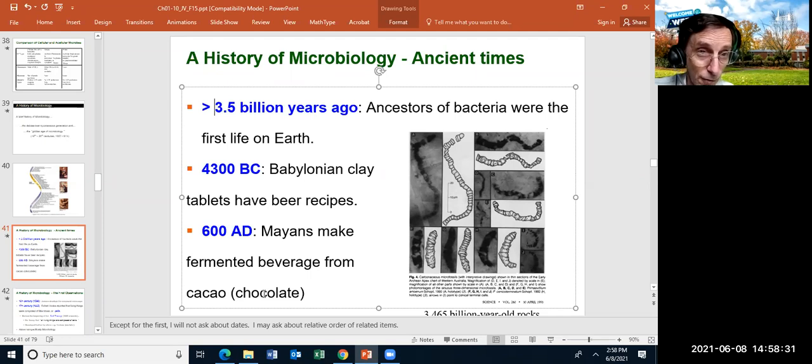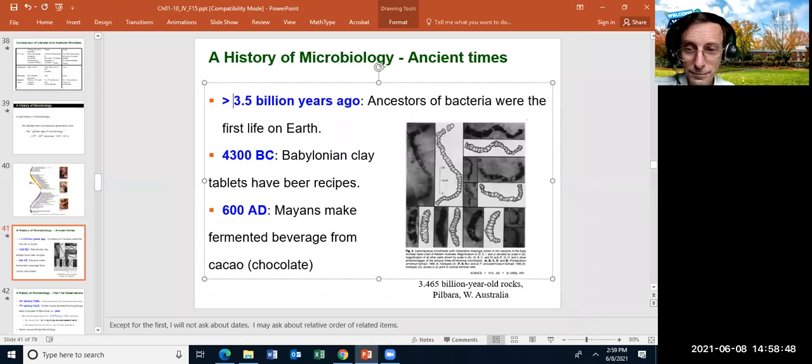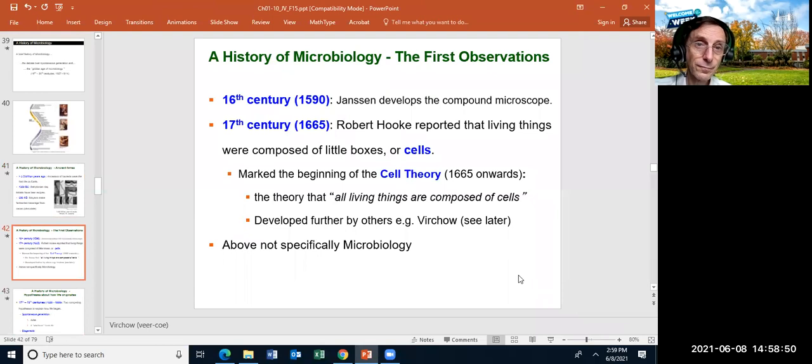And if you don't know, when you eat chocolate, it is fermented. So we rely on the microbes to get us our chocolate. Any question about any of that? All right, let's move on.